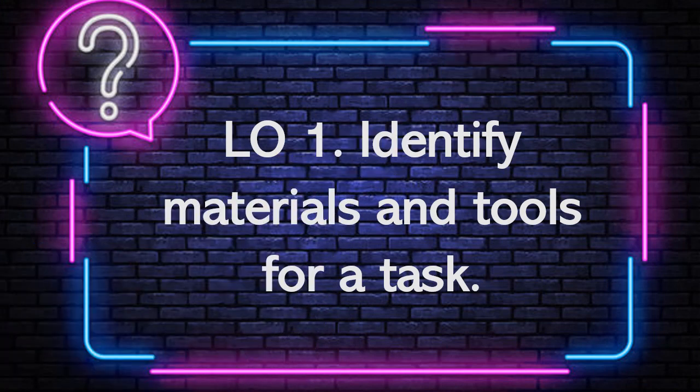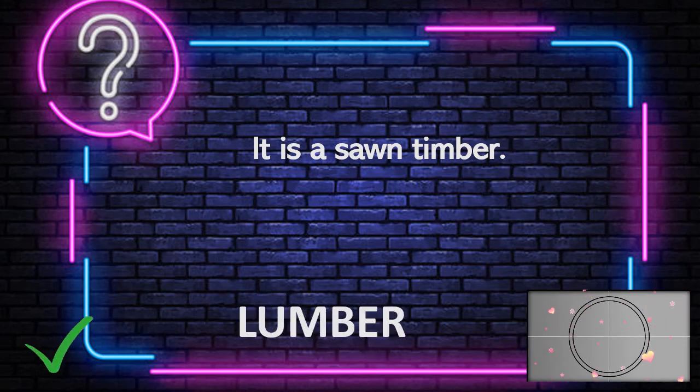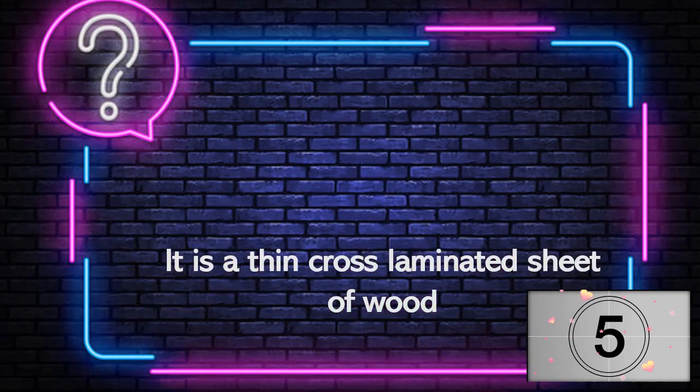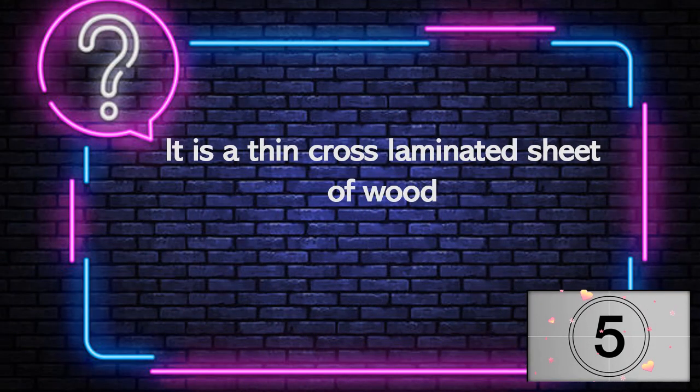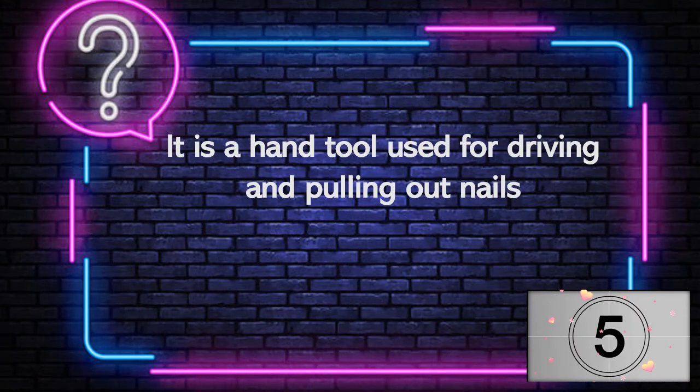Learning outcome number 1. Identify materials and tools for a task. It is a sawn timber. Excellent! It is a thin cross-laminated sheet of wood. You got it right! It is a hand tool used for driving and pulling out nails.